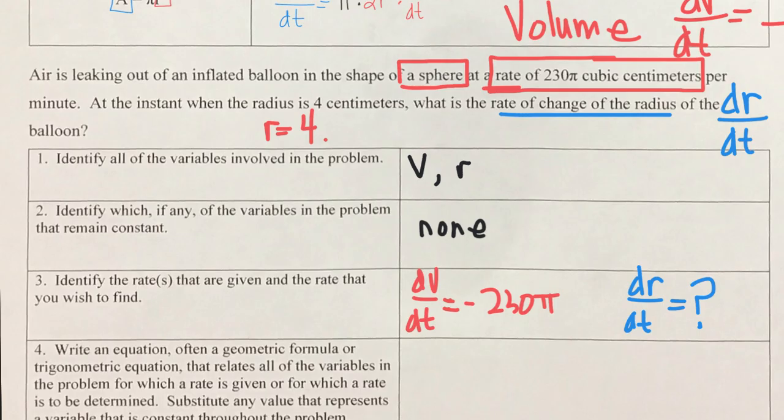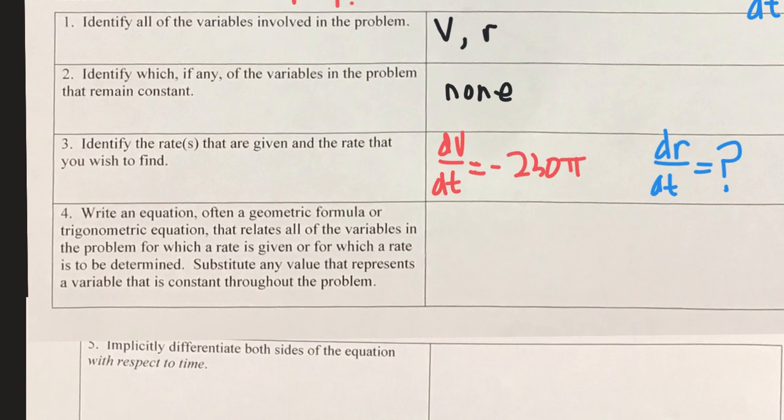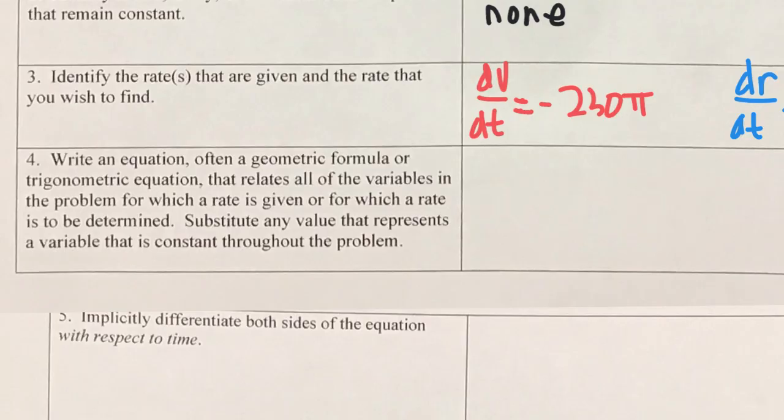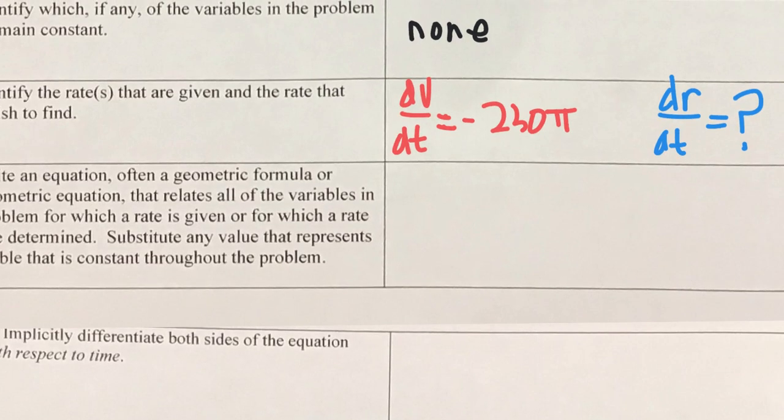Okay, so we basically did these 3 steps when we read our problem and identified what's going on. So now number 4 is where you're probably going to be given the equation that we're going to use. Okay, so volume of a sphere was 4/3 pi r cubed. Right, that was the volume formula for a sphere from geometry.